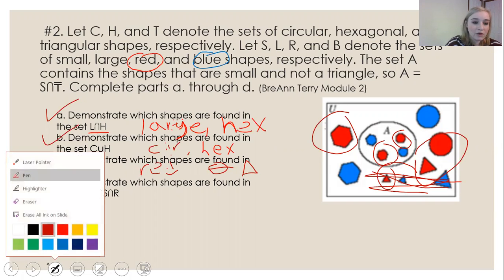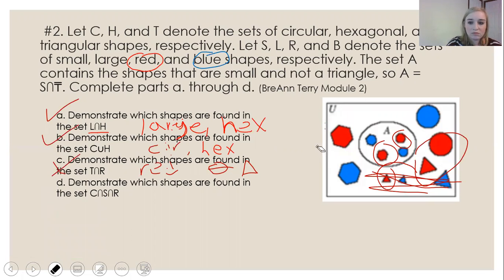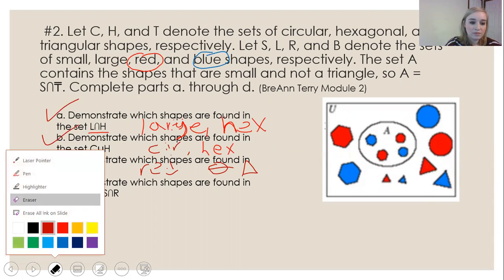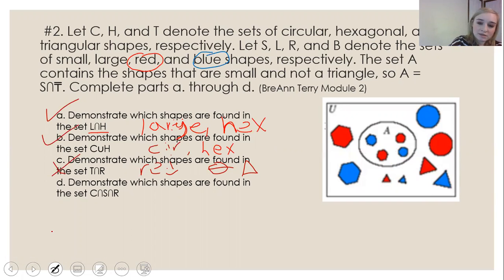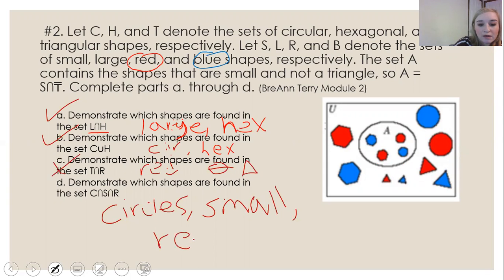So now, moving on to our very last one. So let's demonstrate which shapes are found in the set C intersection S intersection R. So these are going to be circles that are small, and they have to be red based off of our letters here.